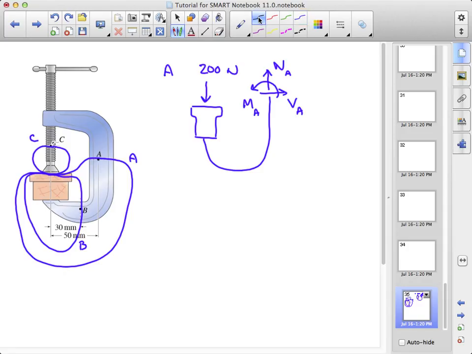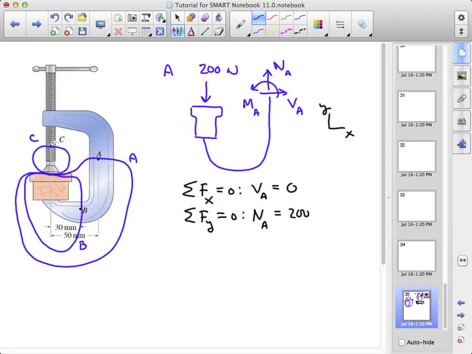Our equilibrium expressions will be very simple. We have VA equals 0 from force equilibrium in the x direction. Force equilibrium in the y direction will give us NA minus 200 newtons equals 0, or NA is 200 newtons.